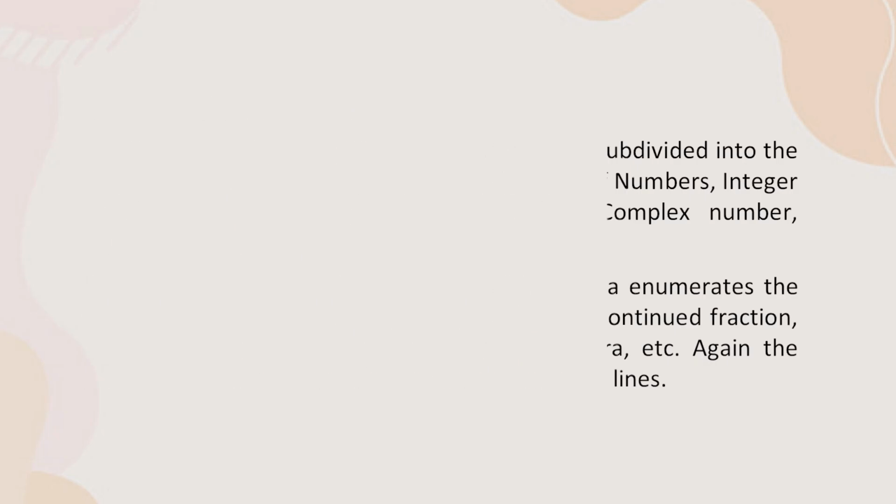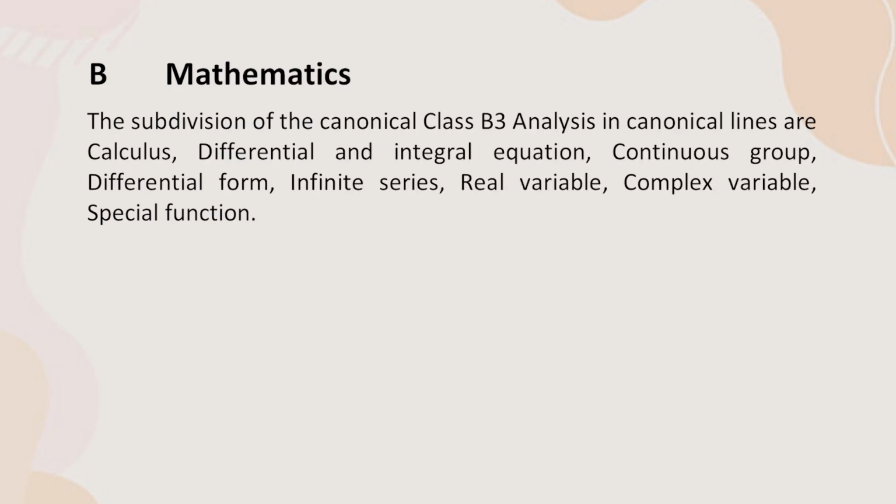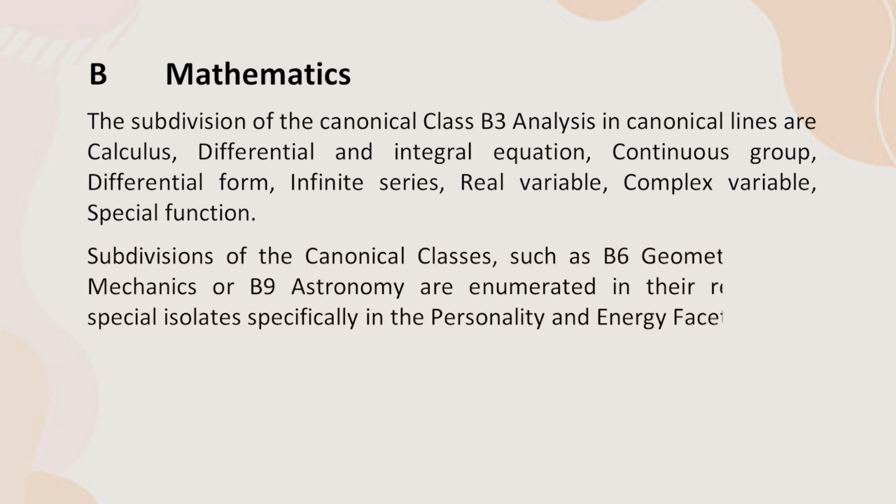The subdivisions of the canonical class of mathematical analysis are again on the canonical lines, which are calculus, differential and integral equations, continuous group, differential forms, infinite series, real variables, complex variables, etc. The enumeration of isolates in the schedules of the canonical classes is quite exhaustive and in depth.